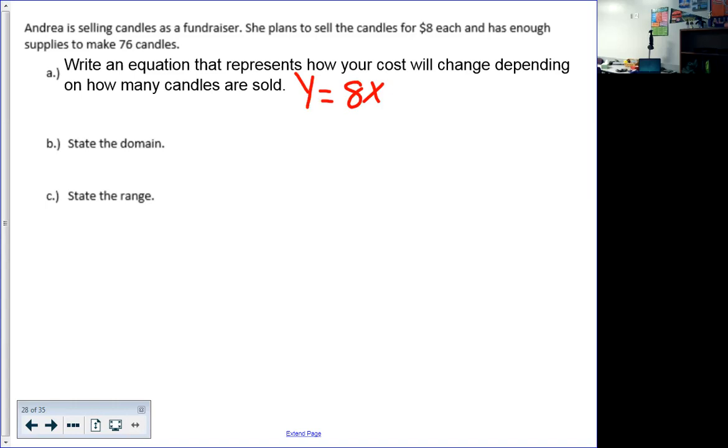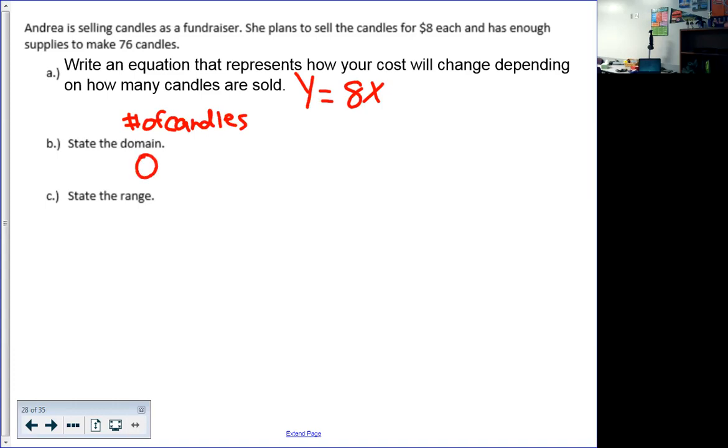All right, so my domain is my x values. The question is, what is the x value? Well, they said she plans to sell candles for $8 each. So x would then be the number of candles. Well, what's the least that she can sell? Probably 0. She doesn't sell any at all.